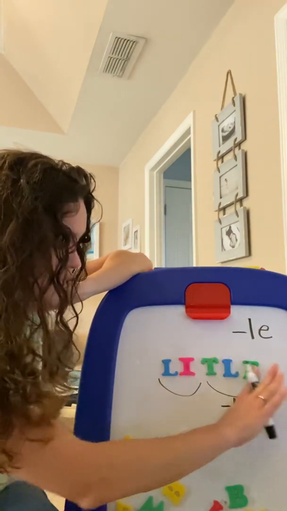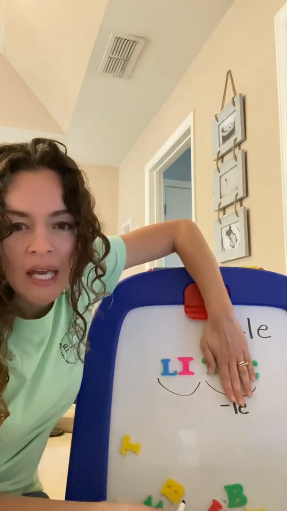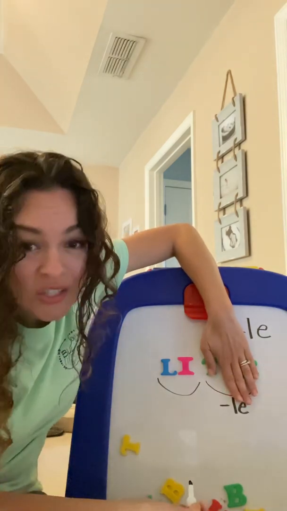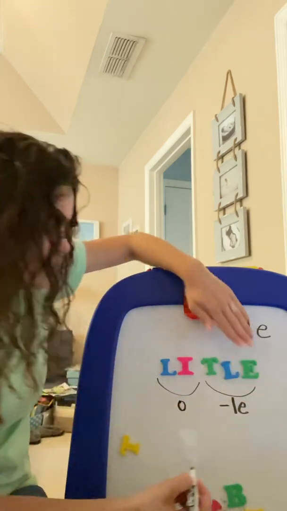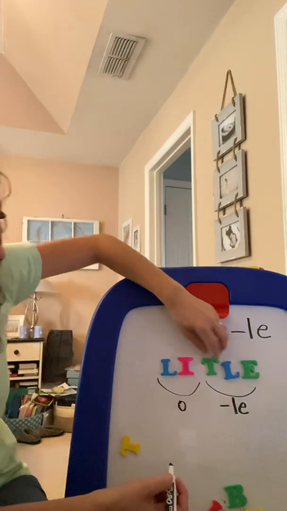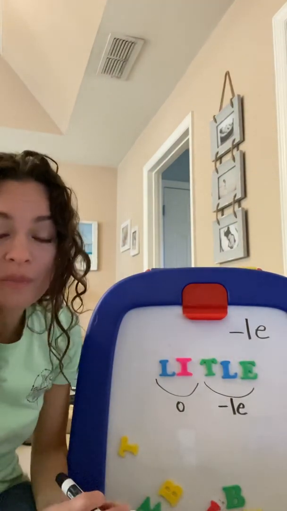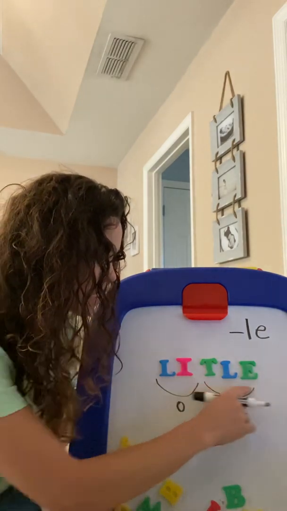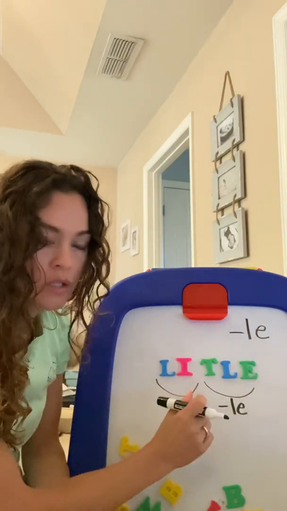Now, because this T is with this part of the word, I'm left with the L-I, and now I see that this vowel is hanging out in the open, which changes the way I read the word. I've just written the word little. That's not right. Okay? When I'm combining all of my syllable types together, I have to remember all of my rules. Okay? I just learned this T goes here with this syllable or word part.